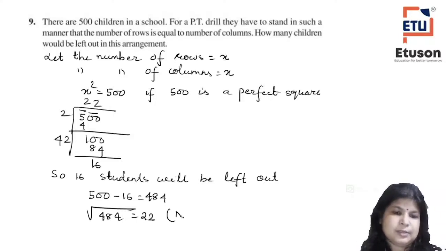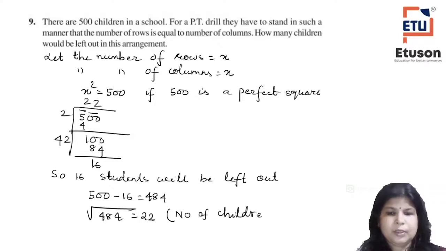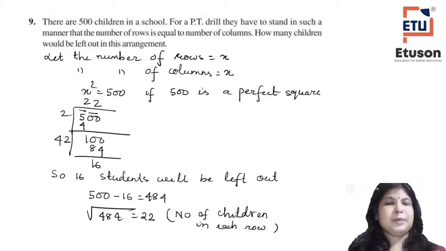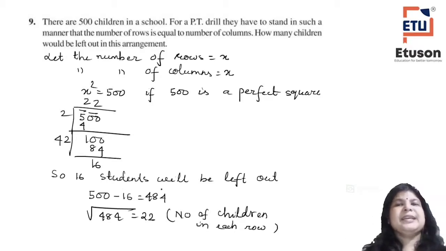So this is the number of children in each row and each column. But the number of left out students is 16.